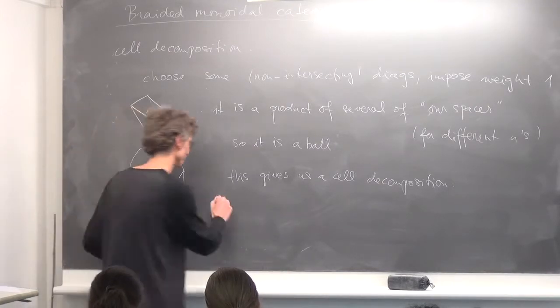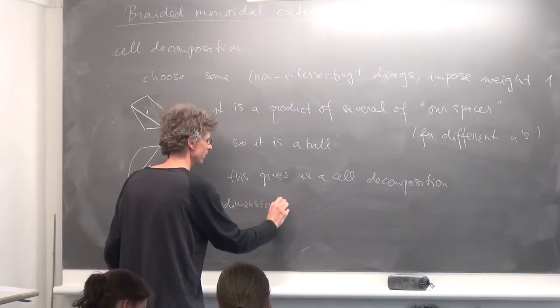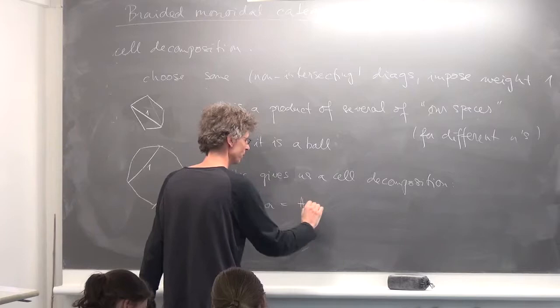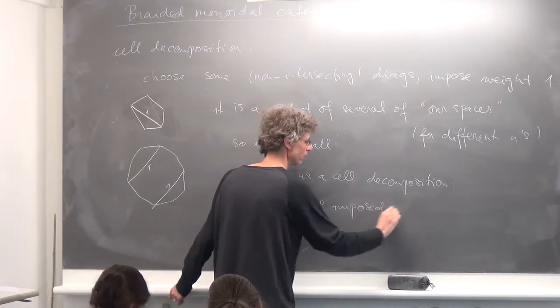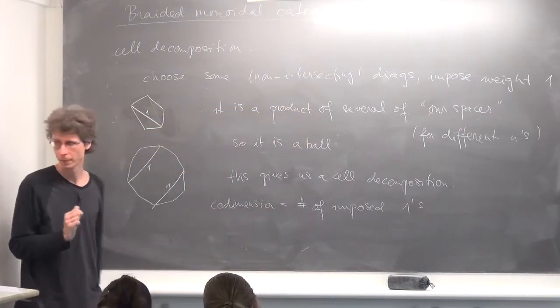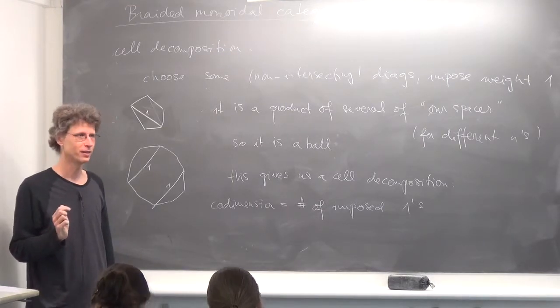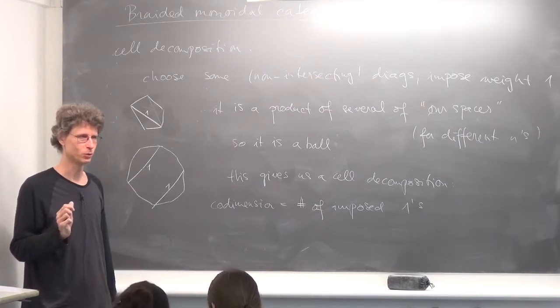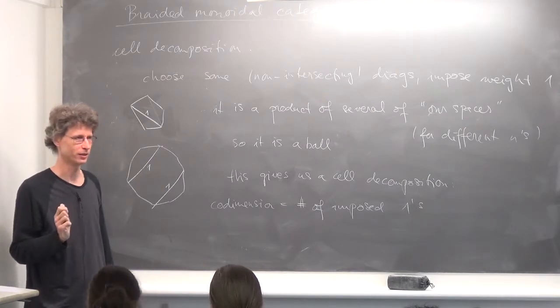So codimension is equal to the number of imposed ones. And here we are, and now finally we go to compute the fundamental group, or if you wish, the fundamental groupoid of our space.